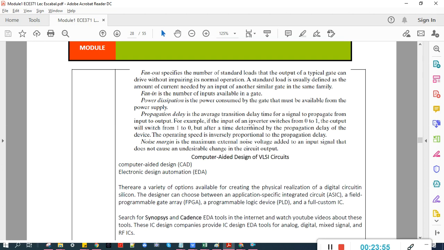For example, if the input of an inverter switches from 0 to 1, the output will switch from 1 to 0, because that is the function of the inverter. It inverts the input. But this happens after a time determined by the propagation delay of the device. Actual physical hardware does not change from 0 to 1 instantly. There is a certain delay, and that delay is what we call the propagation delay of a logic gate.